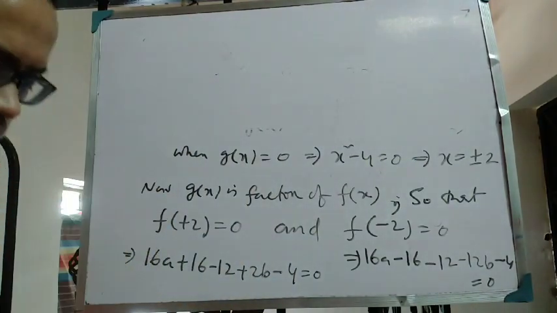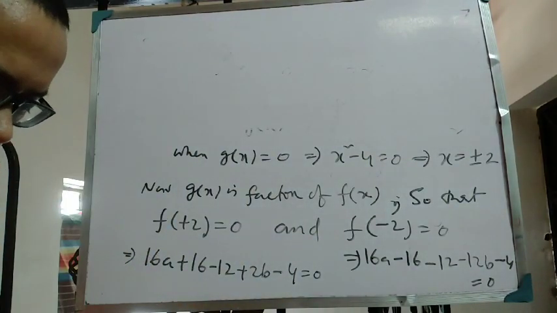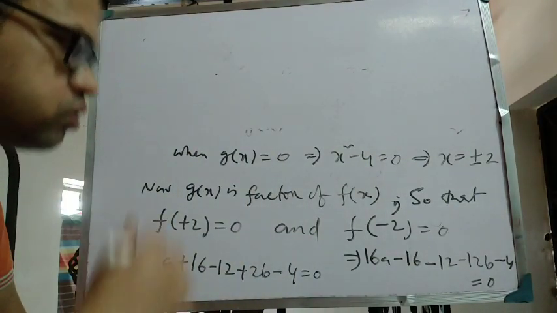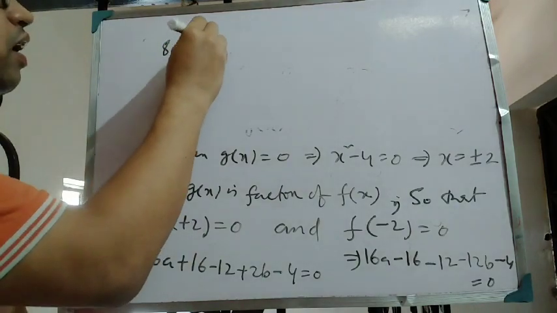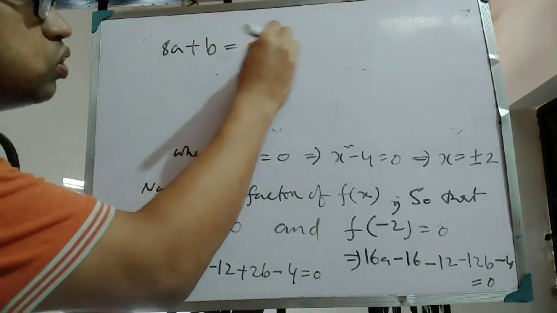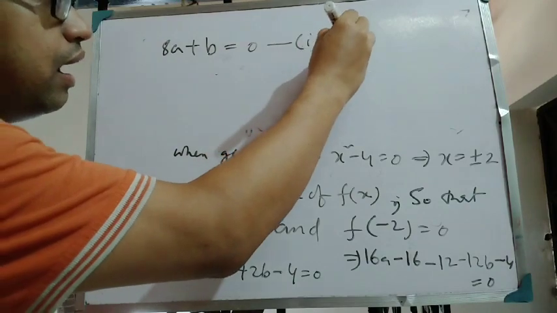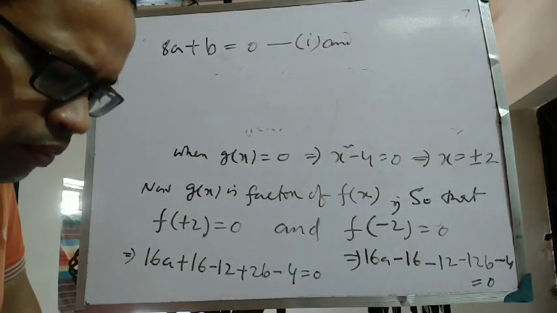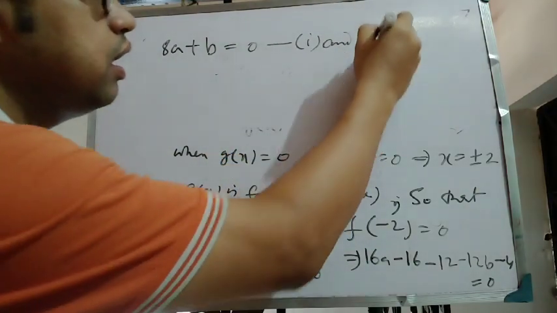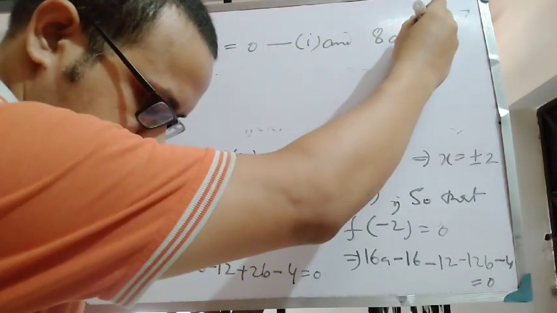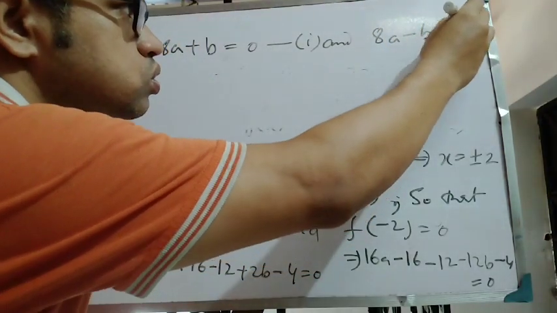Simplifying these two equations, equation number 1 becomes 8a + b equals 0, and from here you will get 8a - b equals 0.